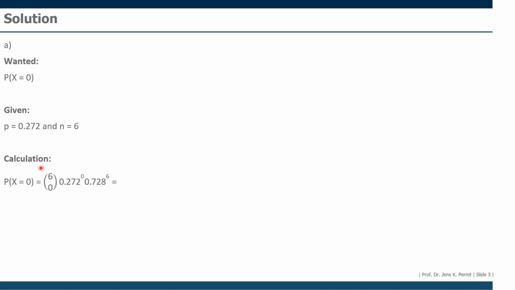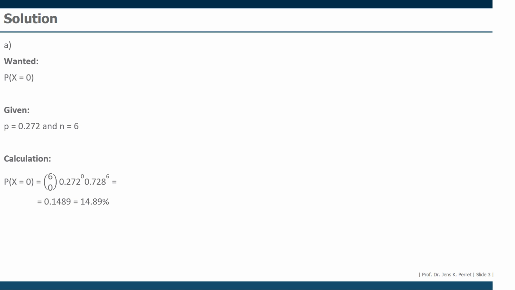Well, 6 minus 0, giving us 6 in this case. Well, that's one. So we just have to put this third term into the calculator. This will yield a result of 14.89%, which then is the answer for spending 6 days in a row in Wuppertal without getting any rain.